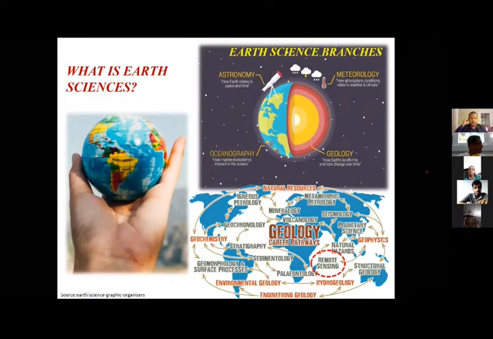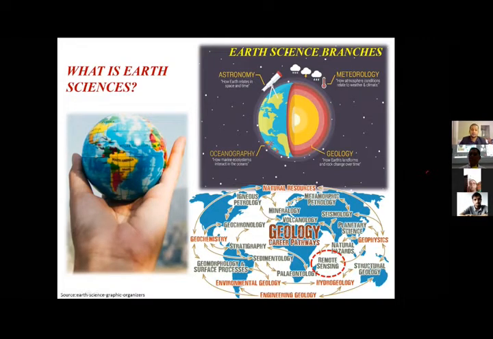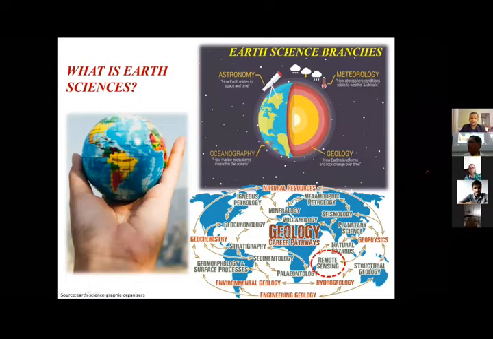And if you see my cursor, I will be mostly highlighting the career pathways of geology. I'm sure many people here in the audience are geologists, and they mostly have chosen geology as their career. So I'd like to put a glance upon remote sensing. If you see the part where I have highlighted with a red dotted line here, remote sensing is almost connected directly or indirectly to every branch of earth sciences or geology.